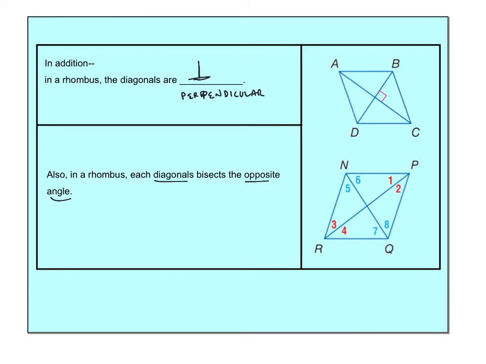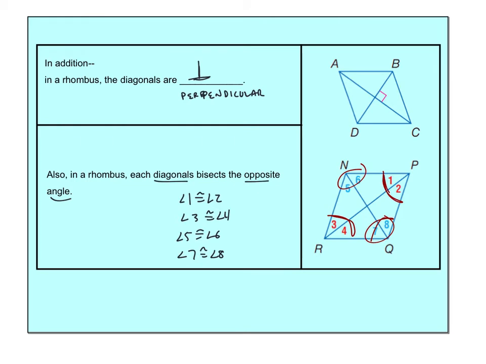So what does that mean? That means angle 1 and angle 2 are congruent, angle 3 and angle 4, angle 5 and angle 6, and then angle 7 and angle 8. Also remember, because it's a parallelogram, that these two whole angles are equal. These two whole angles are equal.